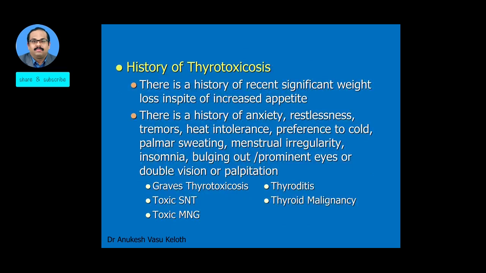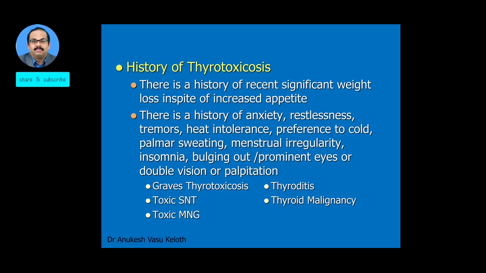There's a history of anxiety, restlessness, tremors, heat intolerance, preference to cold, palmar sweating, menstrual irregularities, insomnia or difficulty sleeping, bulging out of or prominent eyes, or double vision or palpitation. So these symptoms are all included for all forms of thyrotoxicosis.